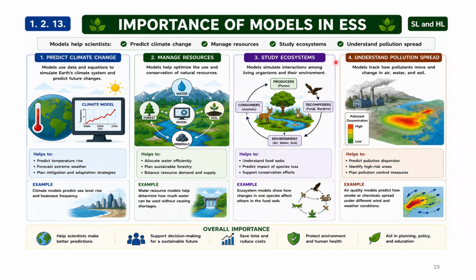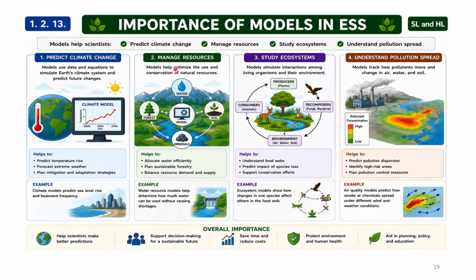Models play a vital role in environmental systems and societies because they help scientists understand complex systems and make evidence-based decisions. One important application is predicting climate change, where climate models simulate Earth's atmosphere to forecast temperature rise, sea level rise, and extreme weather, supporting mitigation and adaptation strategies.